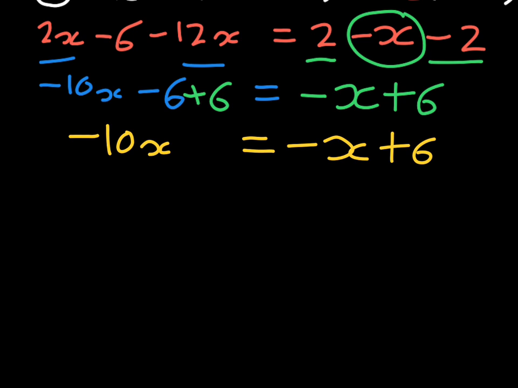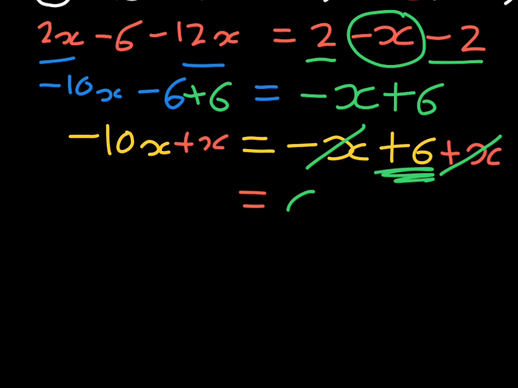So because we've got minus x on the right-hand side, we are going to add x to the right-hand side, and we will therefore add x to the left-hand side as well. So we can simplify, and on the right-hand side, negative x and positive x are going to cancel, so we are just going to keep the 6.